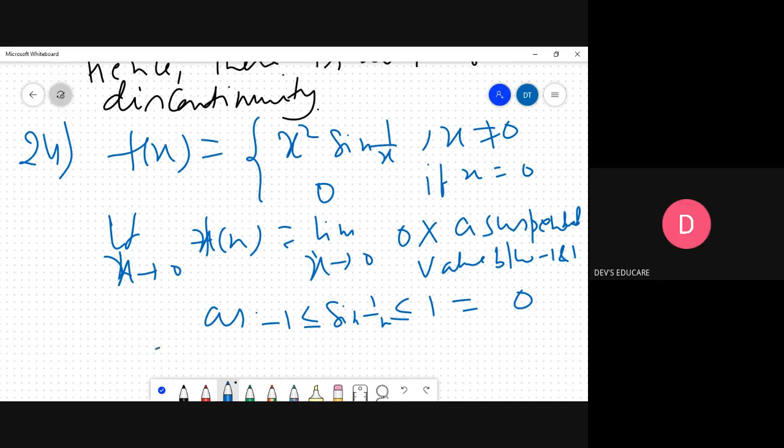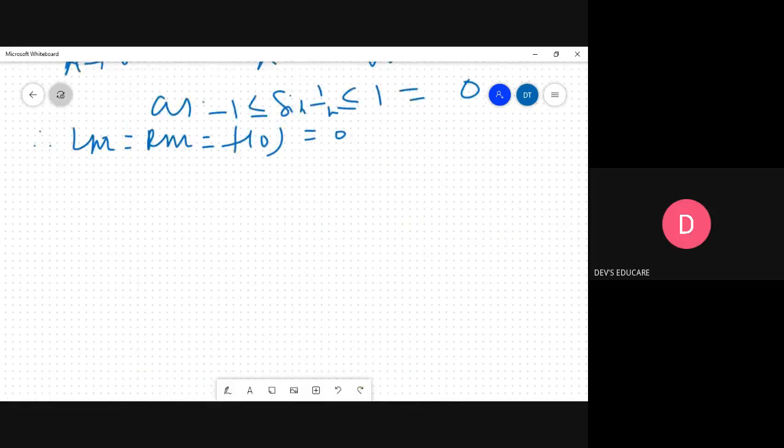Therefore LHL equals RHL equals f(0), because f(0) is 0. So the function is continuous.